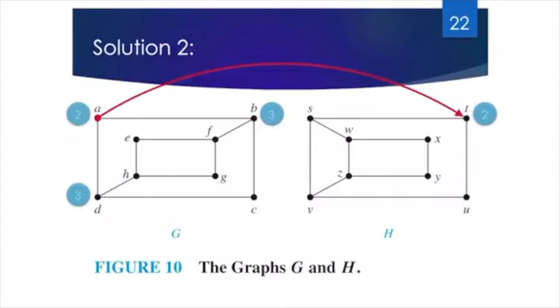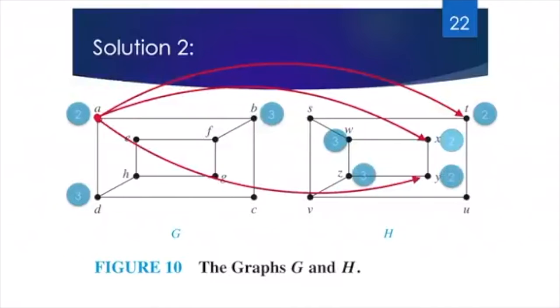To see this, note that because the degree of A equals 2 in G, A must correspond to either T, U, X, or Y in H, because these are the vertices of degree 2 in H. However, each of these 4 vertices in H is adjacent to another vertex of degree 2 in H, which is not true for A in G.